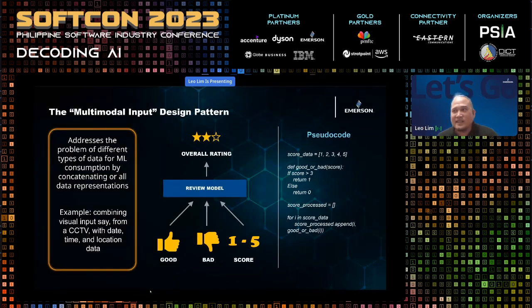Maybe you apply some other machine learning there to say that it's 1 or 0, but it's really putting them in context with one another. And then you can do this as many times as you want. You can have an array which has multiple variables in it, right? But in this case, it's only two, a good or bad score. So this is a typical design pattern that you use for multimodal input.